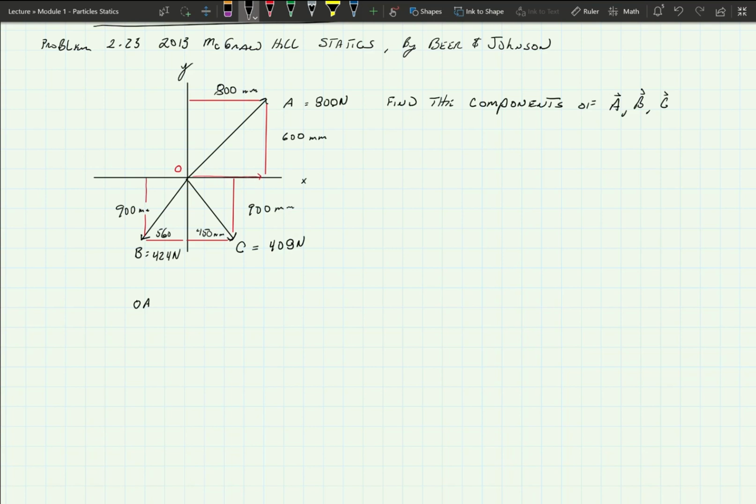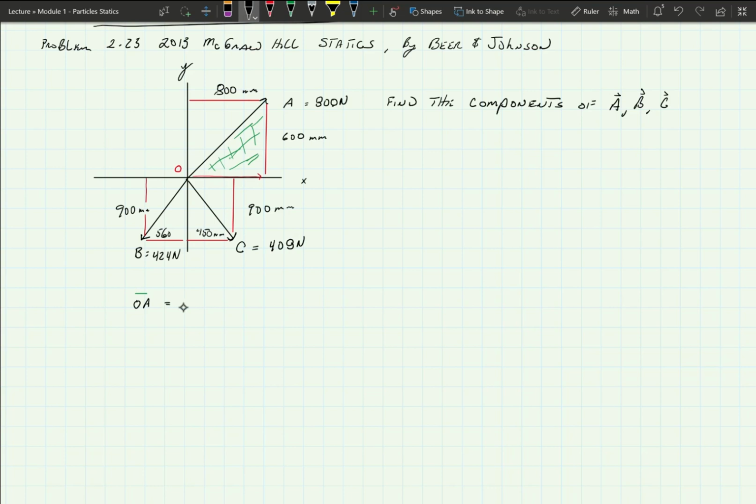So if we take a look at this, let's do this in green. If we take a look at this triangle in here, then we can see that we'll know the distances, and we can help find what the distance is of AO. So we're looking for the distance of AO. Oh, back to black, please.